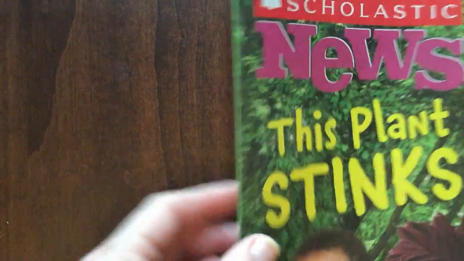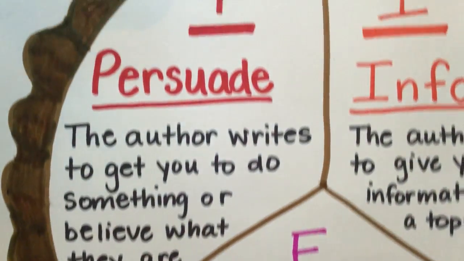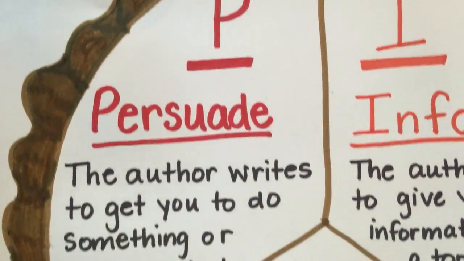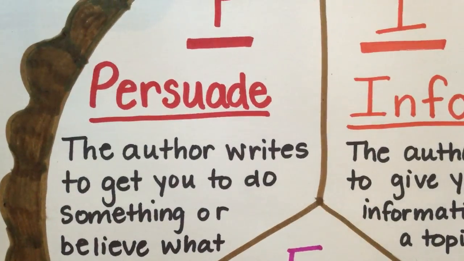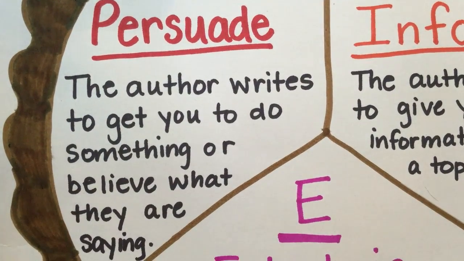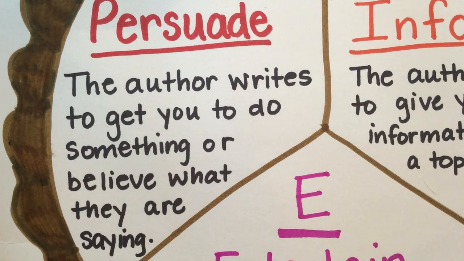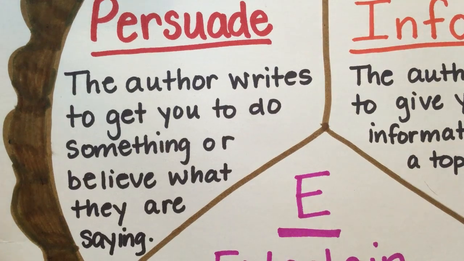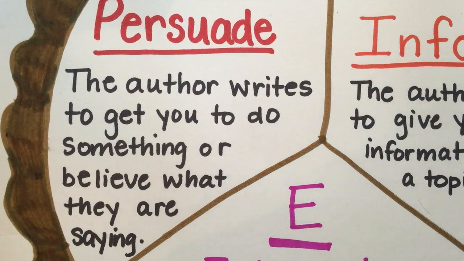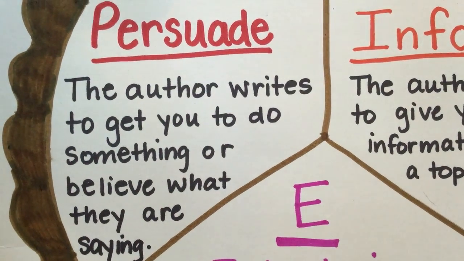Alrighty, so that is for your reading assignment today. And then yesterday, when we did Officer Buckle, I asked you a question before we read, and I forgot to go back and answer it again. Remember, we had the PIE for author's purpose. Sorry about that, guys.